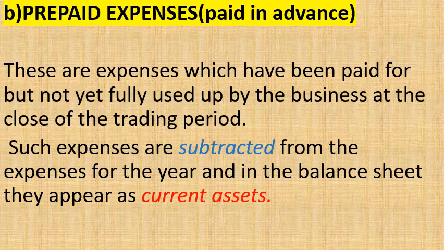appear as current assets. So again, using the same example of electricity above there, assume you had electricity you're supposed to consume of 10,000. At the same time, they say now prepaid electricity 5k. This time round, it means we are going to get 10,000 minus 5k because we had paid 5,000 in advance.